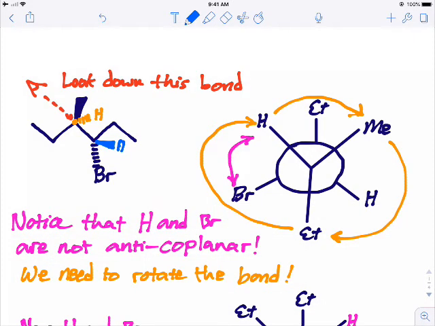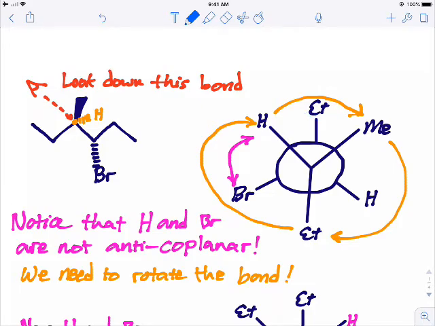So that's kind of going down and to our right. And then we would see an ethyl group coming up. That ethyl group right there, we would see that going up.